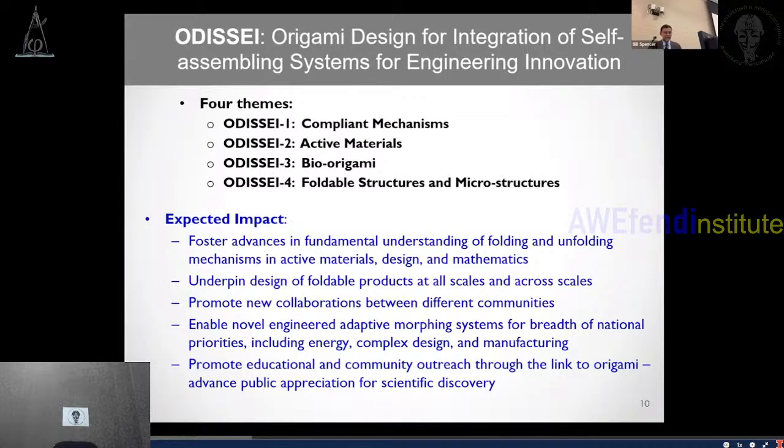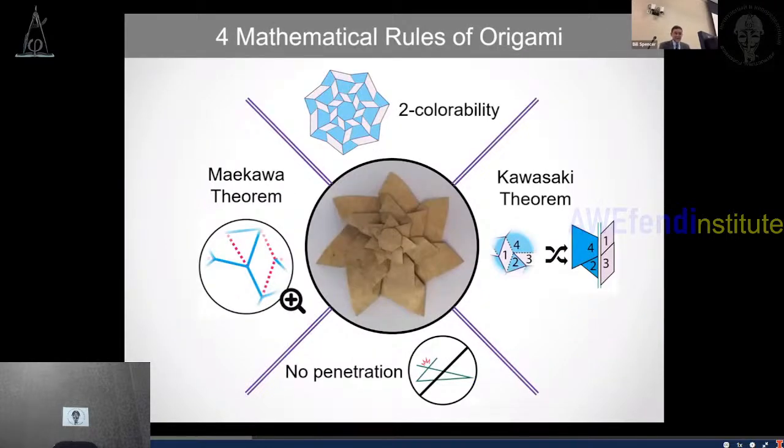And the main areas were compliant mechanisms, active materials, bio-origami, DNA folding, protein folding, and so on, and foldable structures and microstructures. This was around 2011, 12, and since then, there has been a tremendous amount of development in the field of origami in engineering applications, especially in the US and around the world.